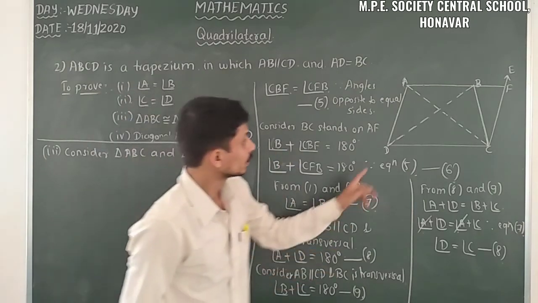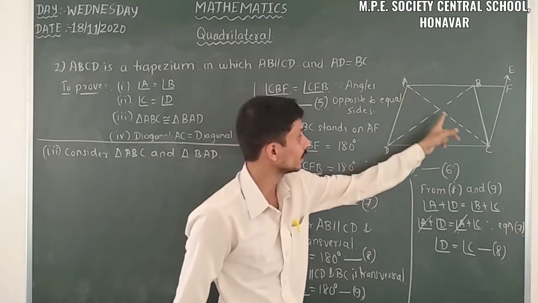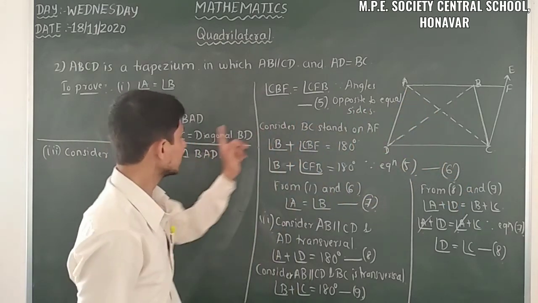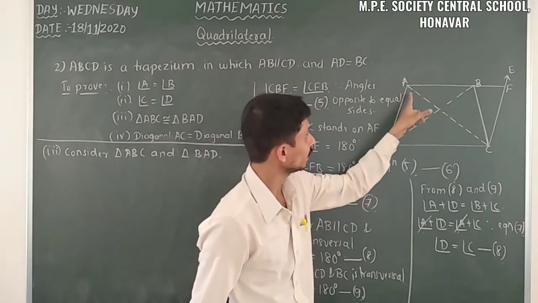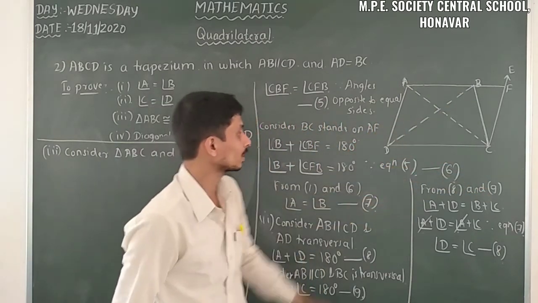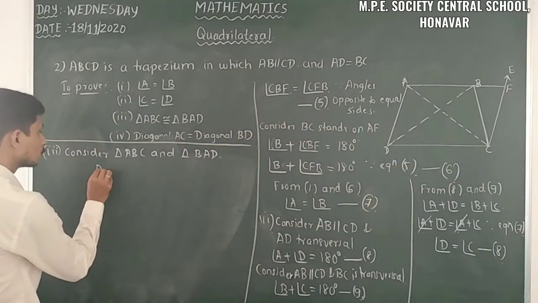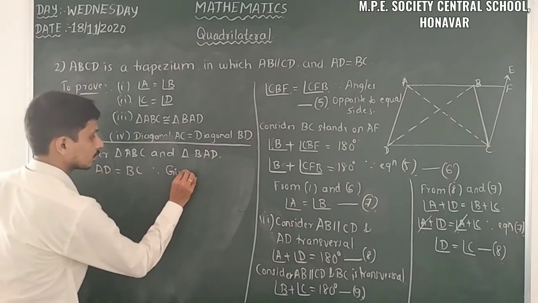In those two triangles, ABC and BAD, AD and BC are the corresponding parts. Those two are equal, that is, AD is equal to BC because it is given.